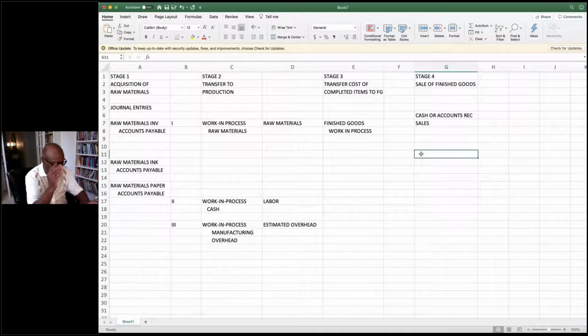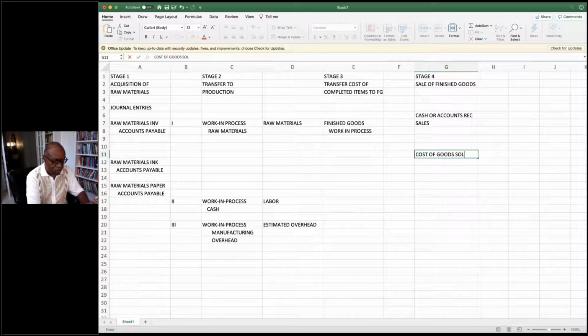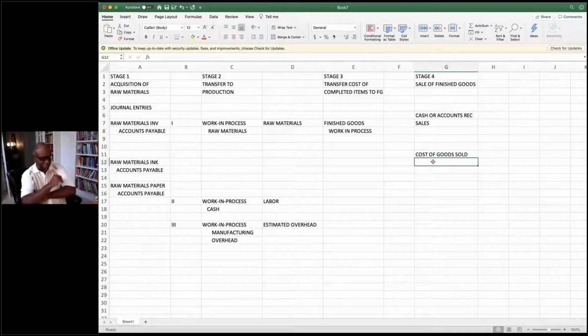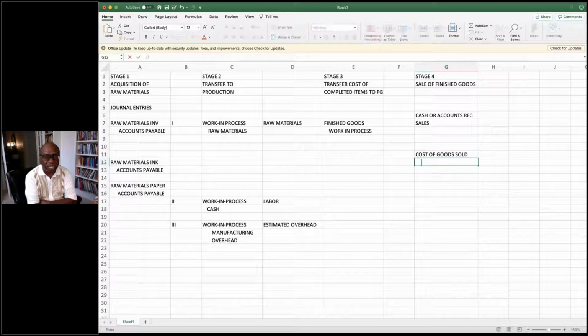But whenever we sell something, we also have to debit cost of goods sold, and credit what? From your old inventory days in Principles 1, what are we going to credit here? Finished goods inventory.